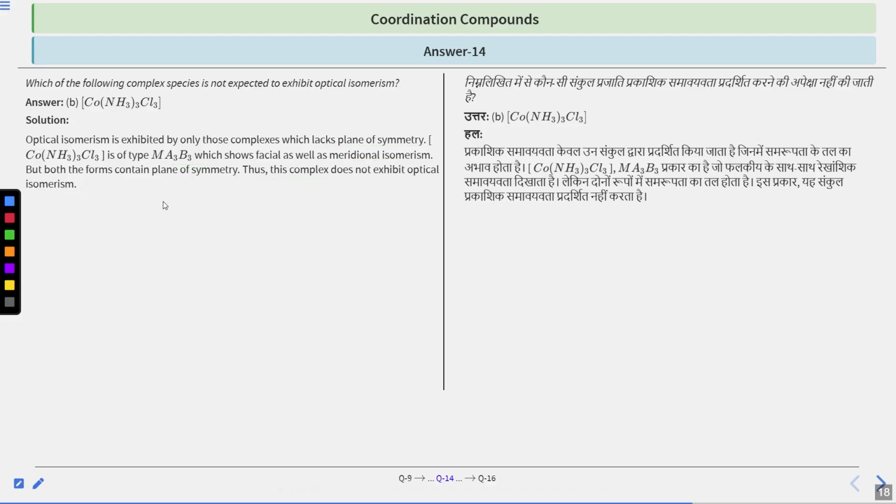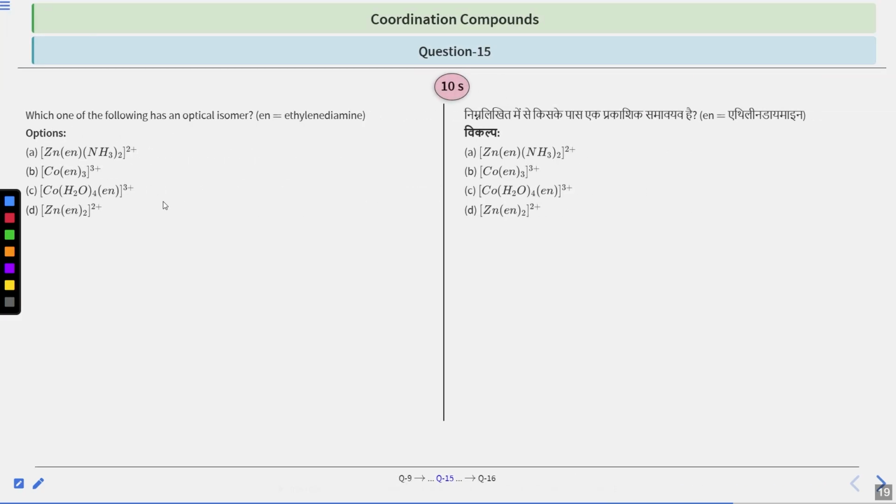Okay, let's move on to the next question. Question number 15. Which one of the following has an optical isomer? En is ethylene diamine. So we have to find from the options which complex has an optical isomer.